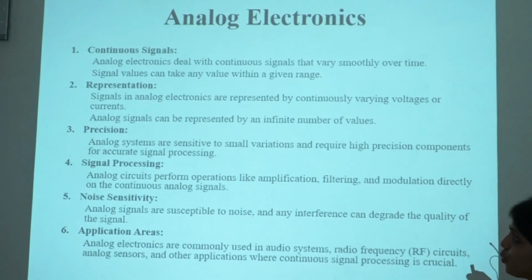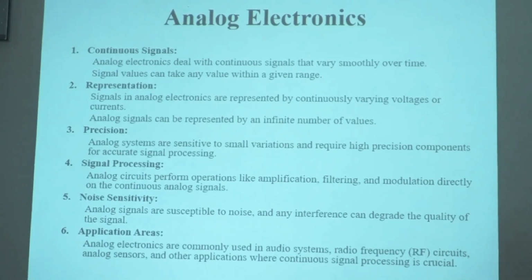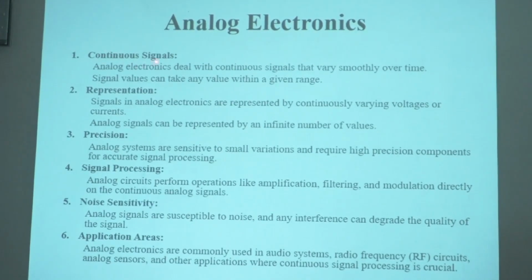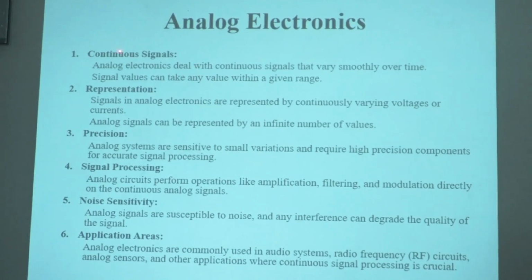So, the quick recap of analog electronics is summarized into the following points. Firstly, we have seen that analog electronics deals with continuous signals, right? We started with diodes and then transistors, where we discussed briefly bipolar junction transistors, and we also discussed field effect transistors.